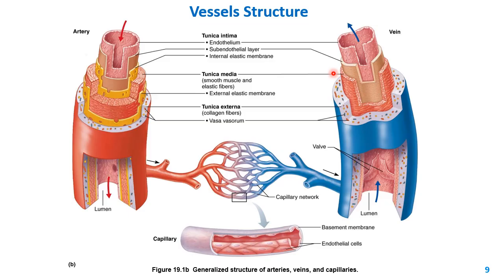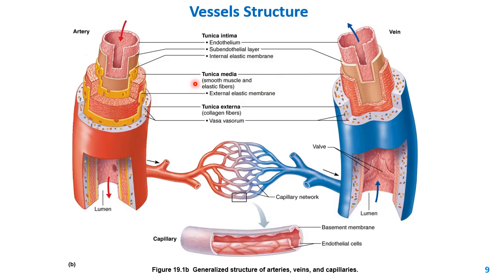Okay. Also, when you look at the muscle part of your tunica media, you're going to see that the veins do not have a lot of smooth muscle like you see with your arteries, right? So the veins are not really going to contract much in comparison to the arteries. That layer is really important in controlling blood pressure and overall flow, right?